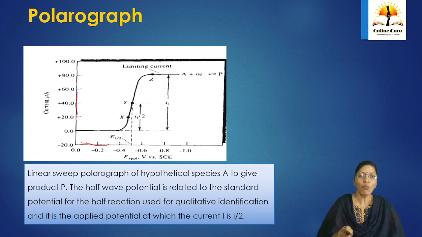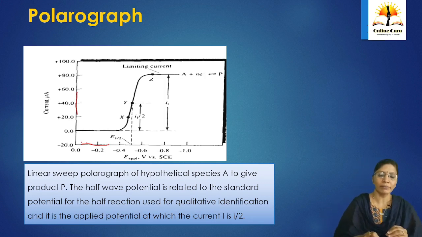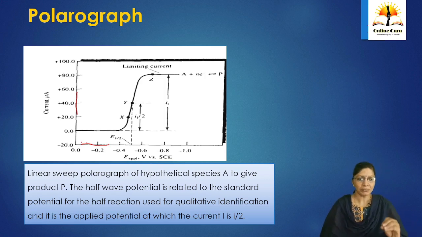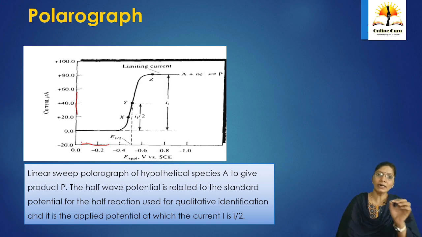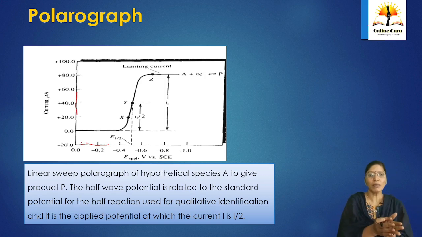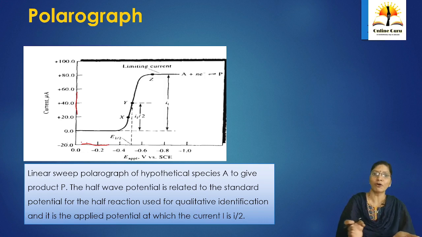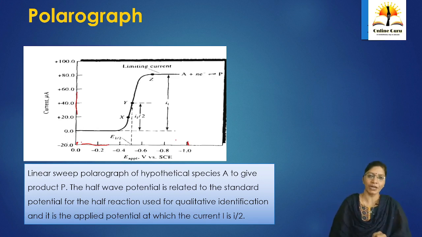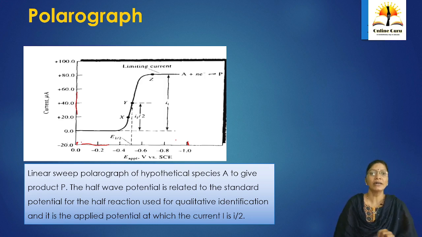Now, what is selected as the supporting electrolyte? On what basis do we select it? We want an electrolyte which will not get decomposed in the applied potential range for the analyte. Suppose in this case we are going from 0 to minus 1 volt. Up to that magnitude, the known electrolyte acting as supporting electrolyte will not get decomposed.